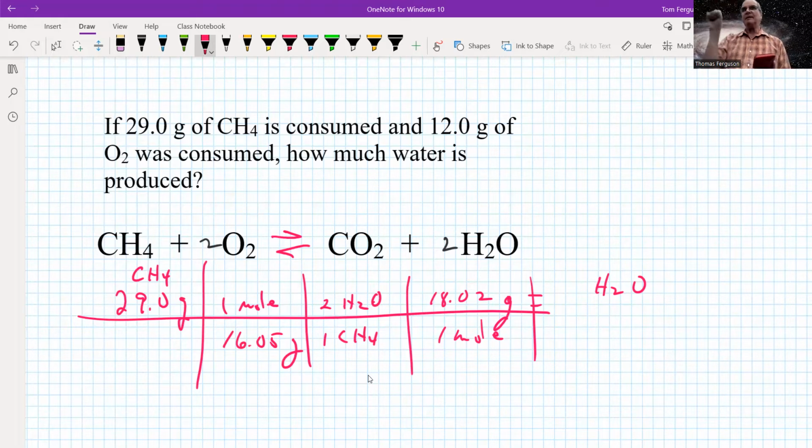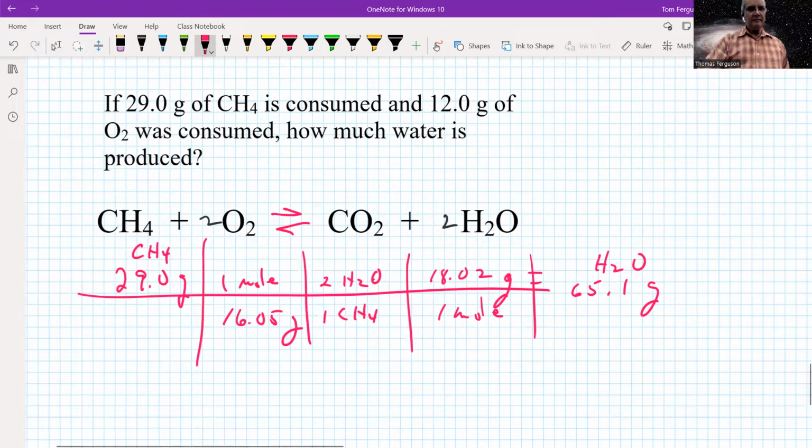So step number 1 is always balance the equation, because this middle step requires a balanced equation. Okay, so if we're just looking at the methane, it'd be 65.1 grams. Now let's do the same thing, only looking at the oxygen.